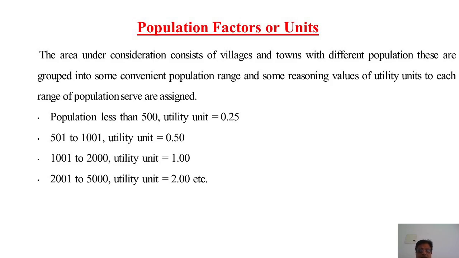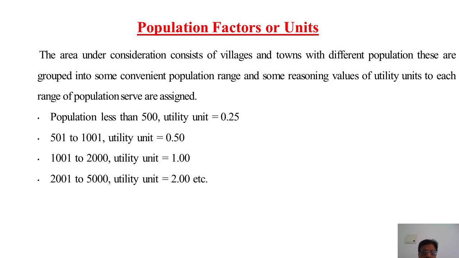That means in India, and also in a district, if you consider any state or a city, it will have different populations. All the villages in India do not have the same population, or the districts in India will not have the same population. So we are classifying the population, right, and fixing a utility unit for that population.